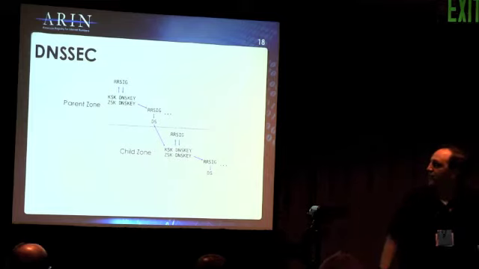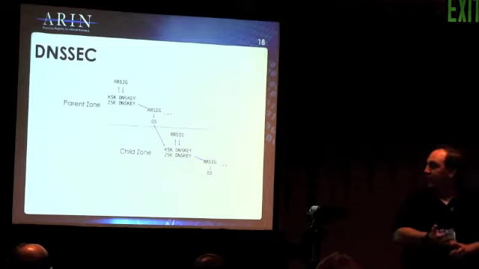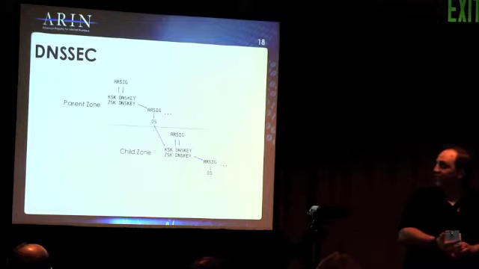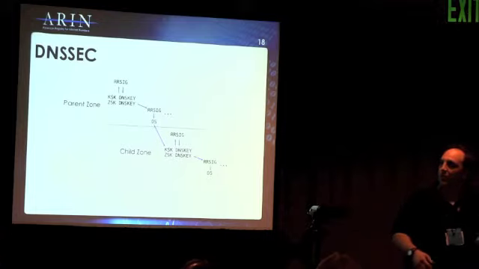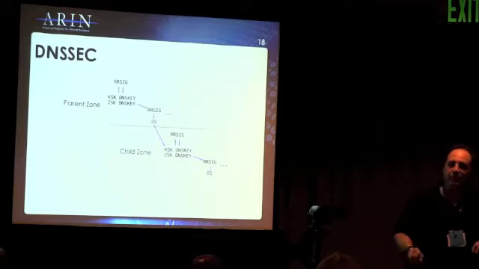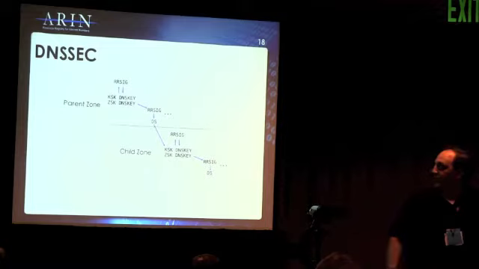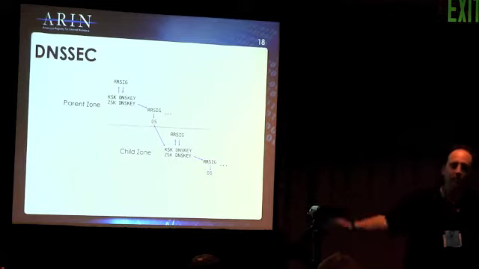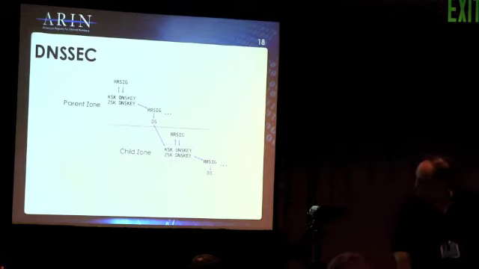You use that to verify your DNSKEY RRSIGs. If you verify that, you trust the ZSK. The ZSK signs the DS RRSIG. Once you trust that, you can get the child zone's KSK, hash it, and make sure that the DS record in the parent zone matches the hash of the child zone KSK. You trust that, and then just wash, rinse, repeat all the way down.